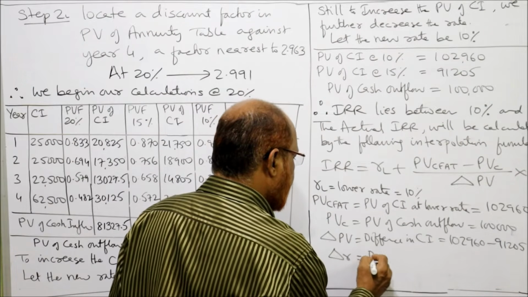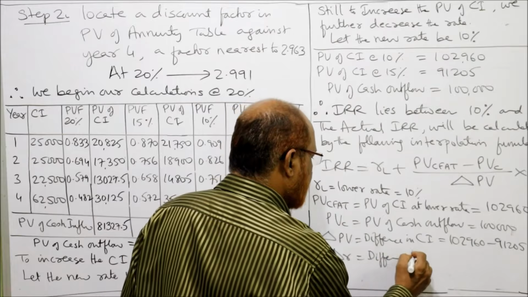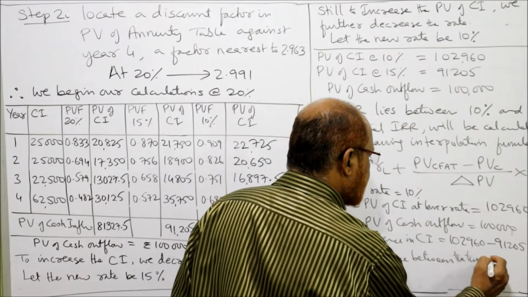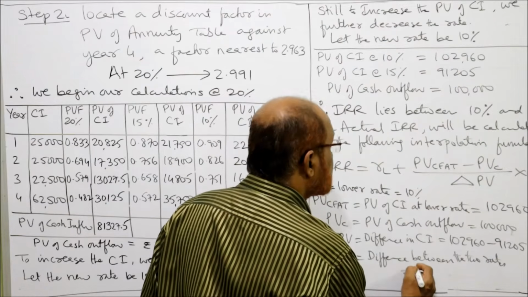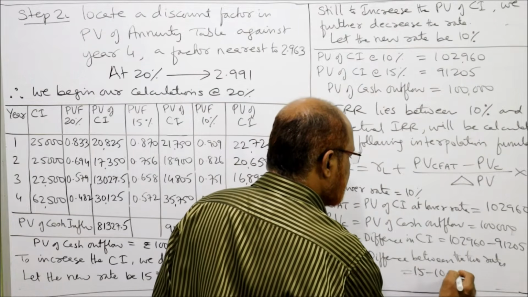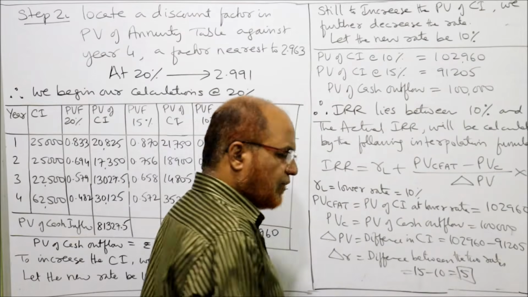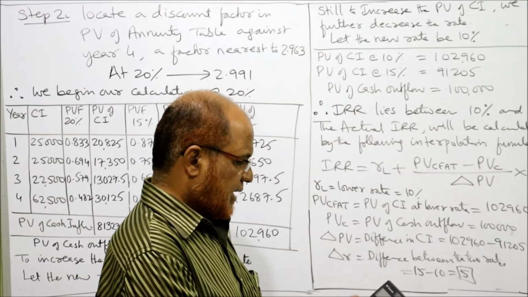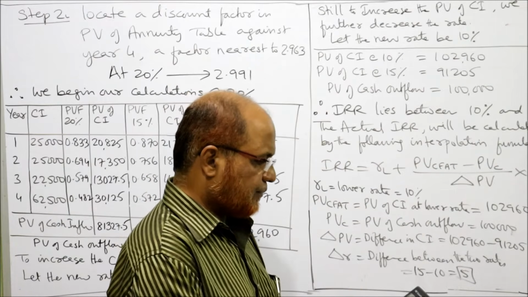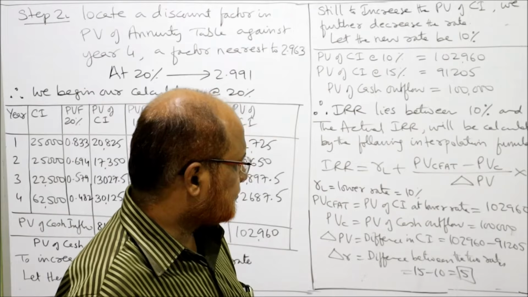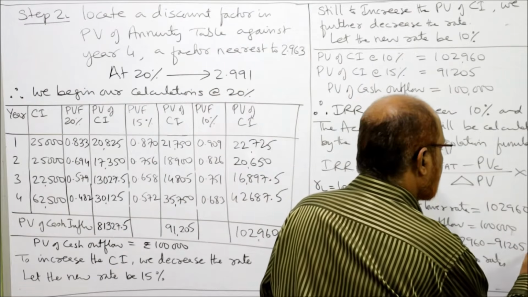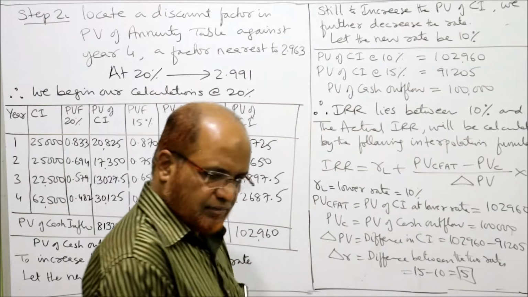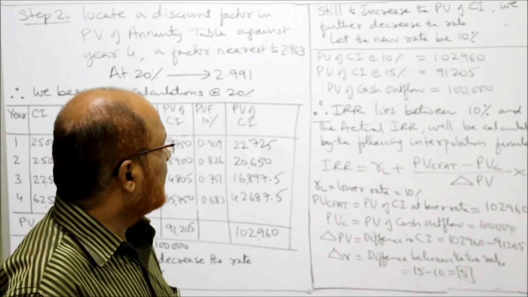Delta R, difference between the two rates, that is 15 minus 10 is equal to 5.